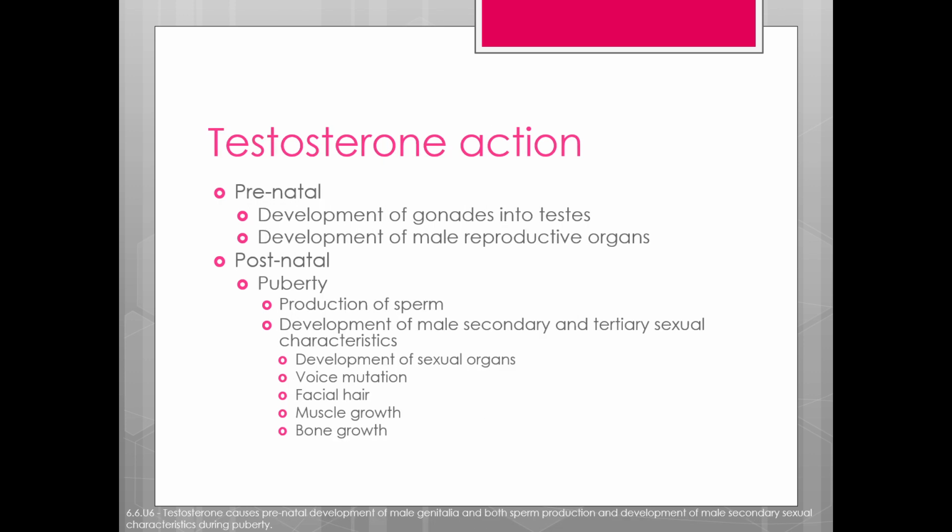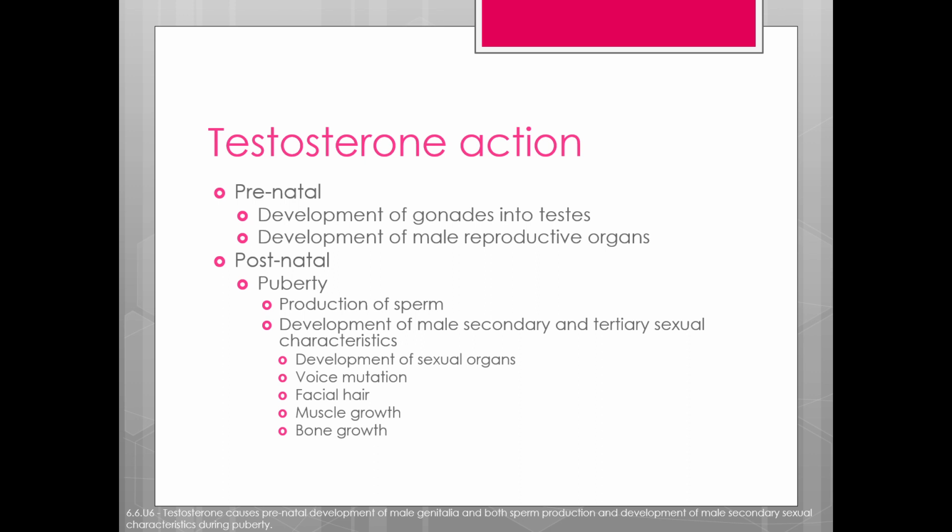Testosterone may do different things. Before the birth, of course, it will control proper development of male gonads. So the presence of testosterone will take care of embryonic gonads, which are at the beginning sort of not decided.